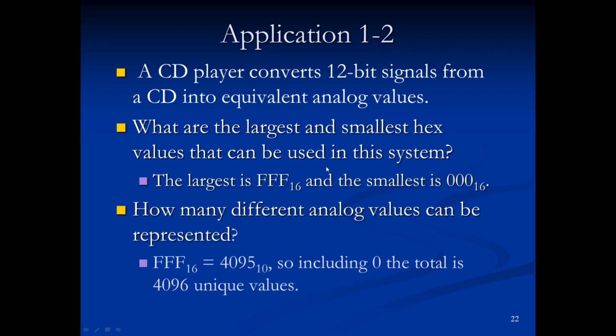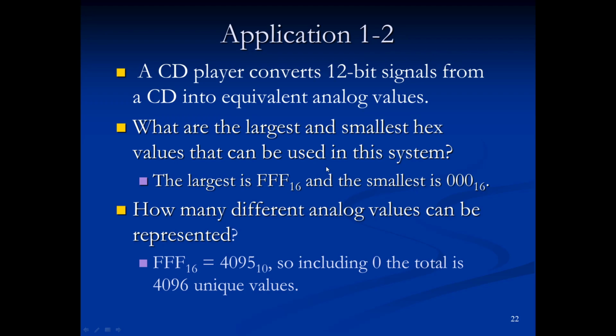Well, they're saying it's 12 bits, so we know it would be 3 hex values because each hex value is 4 bits, so we just divide 12 by 4, you get 3 different hex digits. And we know that the highest digit in hex is F and the lowest is 0, so naturally the lowest number in hex would be 000, for 3 digits at least, and the highest number would be FFF.